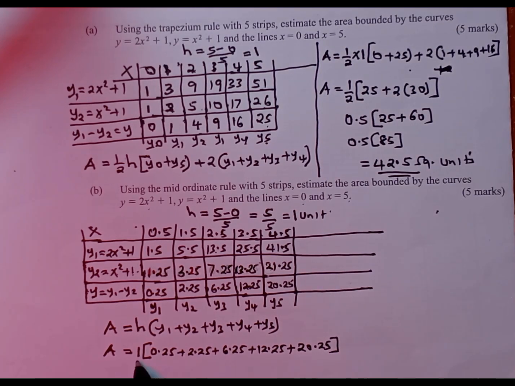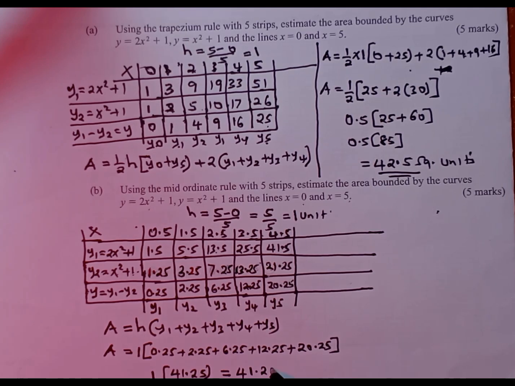So we proceed. Our height still remains 1 multiplied by the sum of all these, y1 up to y5, which gives us 41.25. And when you take 1 times 41.25, you get exactly 41.25, or simply 41¼ square units.